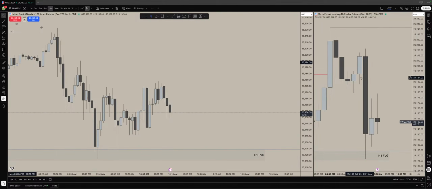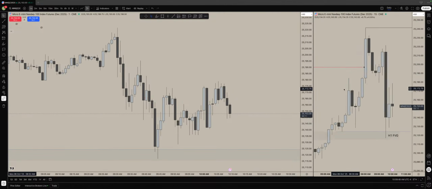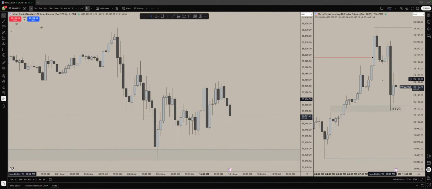Tapped into the FVG. So we're kind of stuck between two places now, which is the 15-minute FVG and the H1 FVG. But I think the 15-minute is going to prevail because it's order flow. You got the change in state of delivery here, came up, tried to push, failed to. So I do think we're kind of rolling over here.